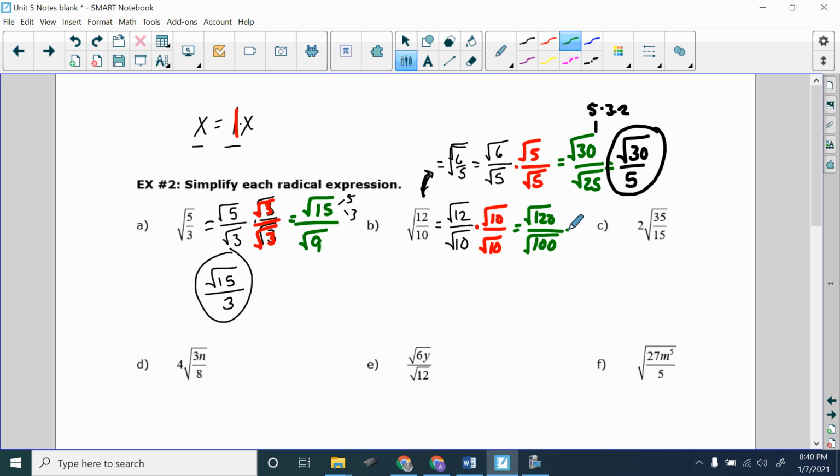This does simplify. The bottom simplifies to 10, and the top actually simplifies to 2 radical 30.